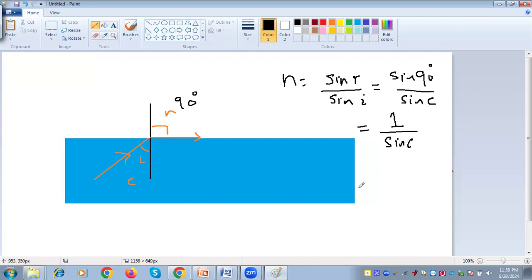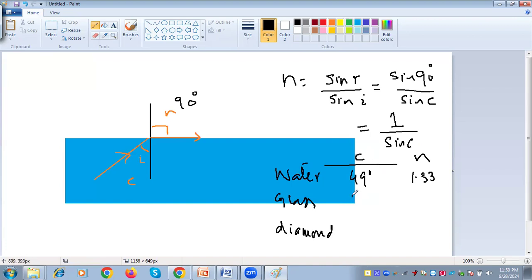C will be different for different media, like for water, glass, diamond. I am just giving the values of C, critical angle and refractive index. Critical angle for water, 49 degrees, refractive index 1.33.